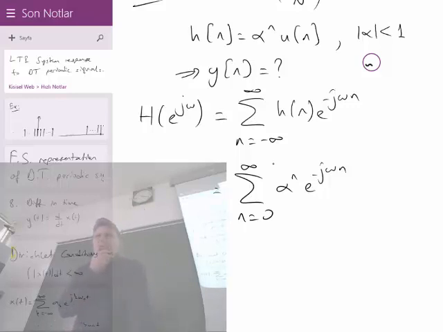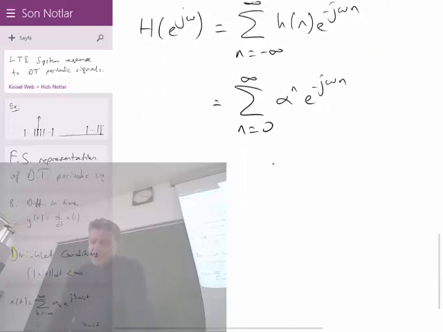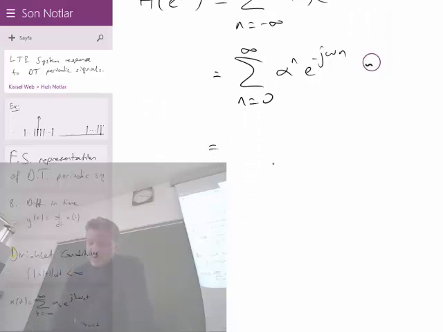I said that you need to become familiar with power series sums and things like that. This is another case which requires summation from 0 to infinity. I want to put the common terms into parentheses. Alpha times e to the minus j omega to the power n is what we have here.